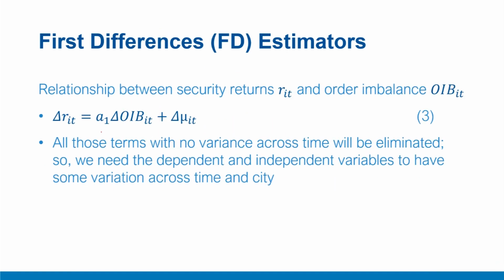Therefore, in this resulting equation, because all those terms with no variance across time will be eliminated, the independent variables ought to have sufficient variance across time, and also, for proper estimation, they should have some variation across cities, otherwise the estimates of alpha 1 will be very spurious in nature. So we need variation of terms not only across time but also across cities.